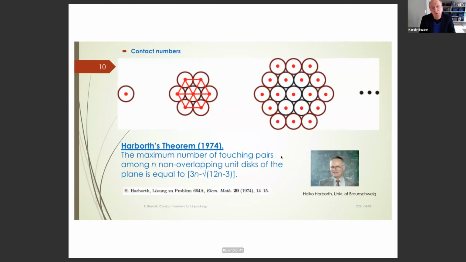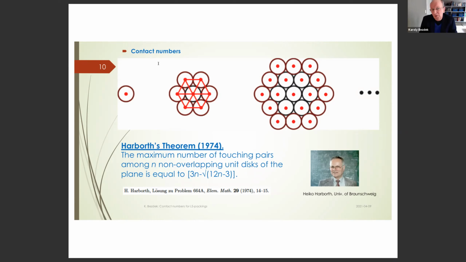Now, since we want to talk about contact graphs of unit sphere packings, we are led to this concept of contact numbers. So when we have a unit sphere packing in d-dimensional Euclidean space, and we look at the contact graph of that packing, we might want to understand the behavior of edges in this graph.